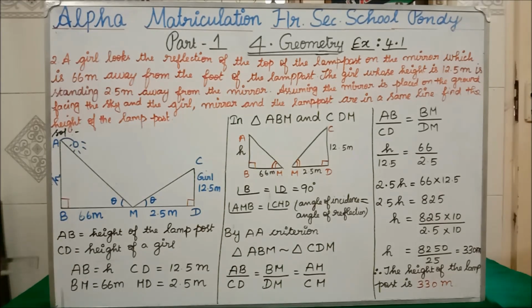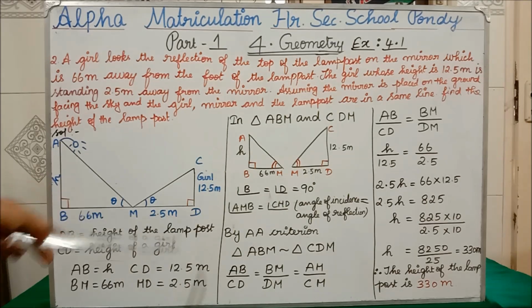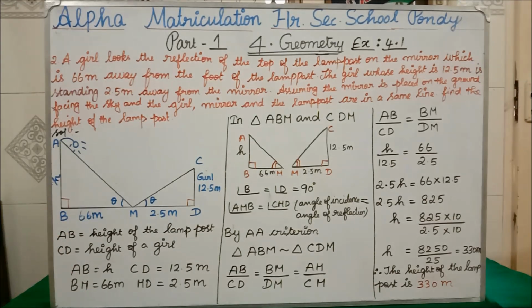The distance between the lamp post and the mirror is 66 meters, so BM is equal to 66 meters. Similarly, the distance between the mirror and the girl is 2.5 meters, so MD is equal to 2.5 meters.